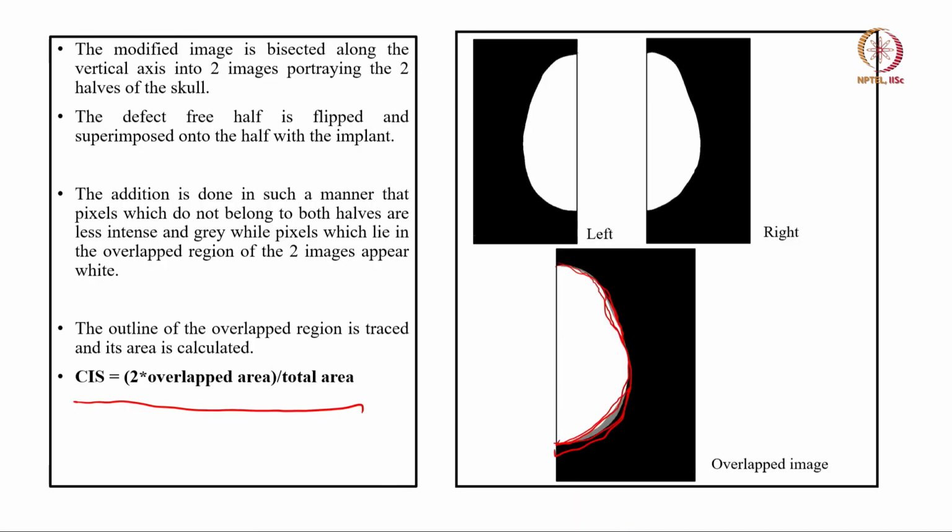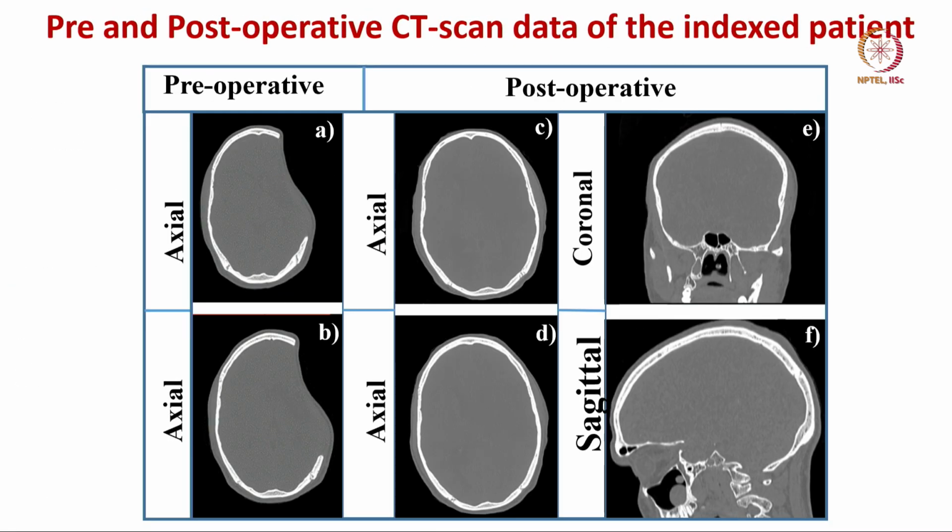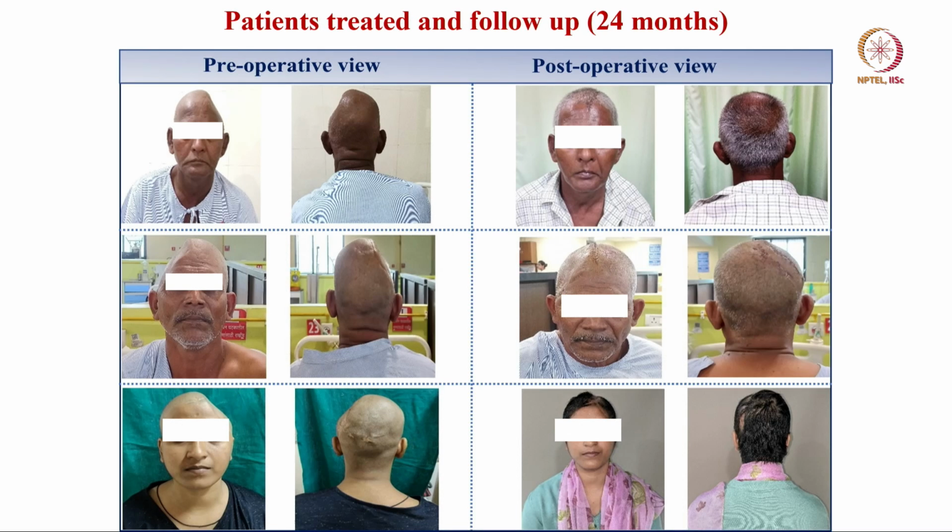Now if you go back to this pre and post operative outcome, these are some of the indexed patients, and in these patients this part of the skull is missing. Certainly this patient has a much larger area of the skull missing. You can see the front view as well as the back view.